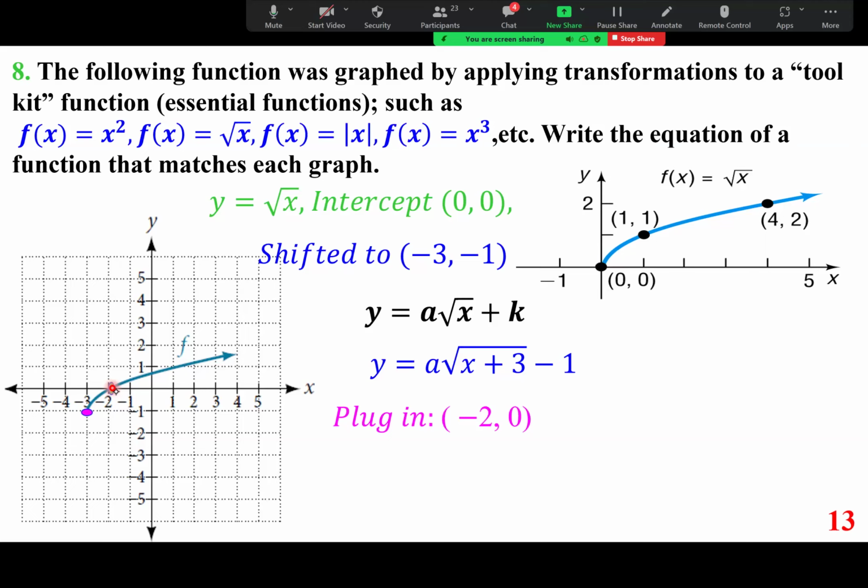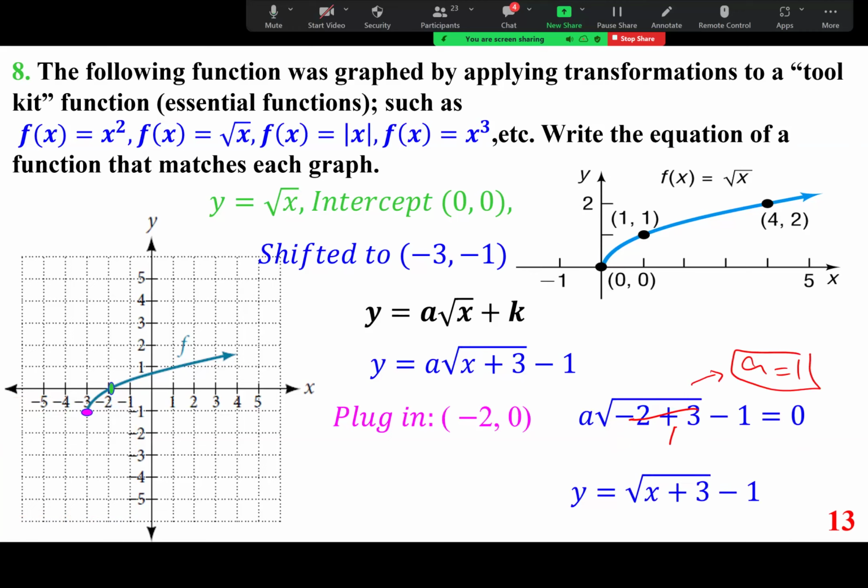So now we are going to plug in. That means we're going to replace the x with -2 and y with 0. Of course, this is 1, comes out as 1. So a minus 1 is 0. That means a equals 1. So we plug in, and we get y equals square root of x plus 3 minus 1.